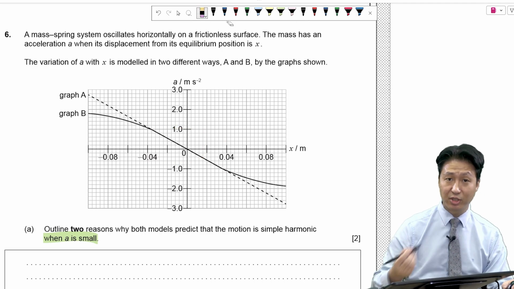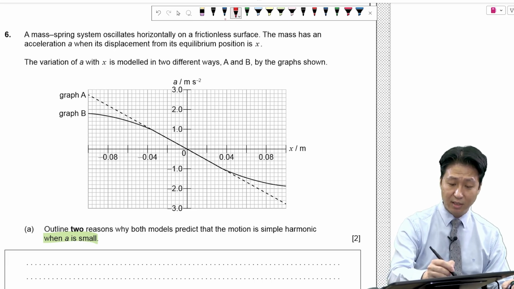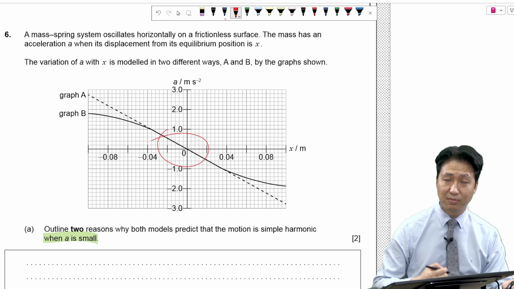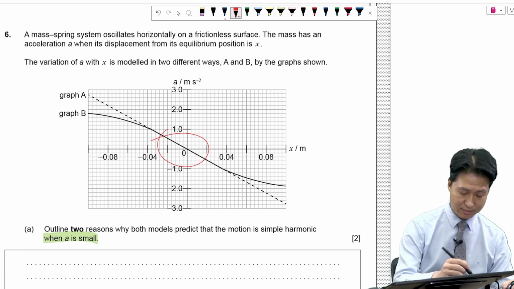And you can see when a is small, number one, the acceleration is proportional to the displacement and opposite in direction.